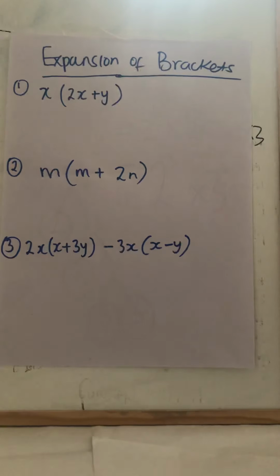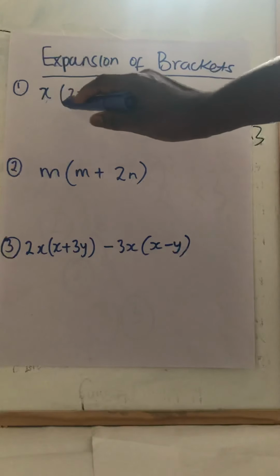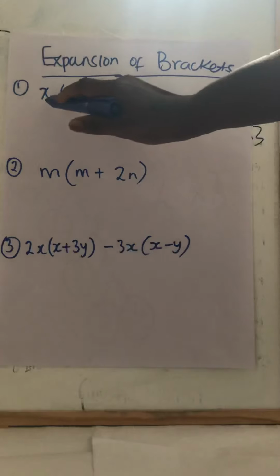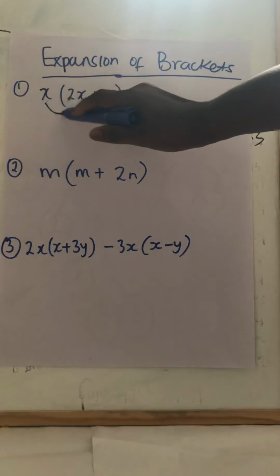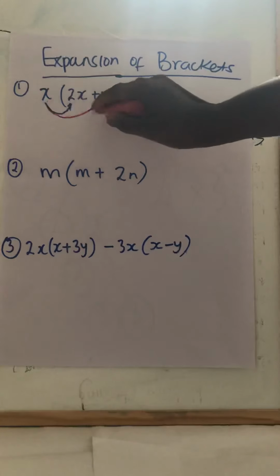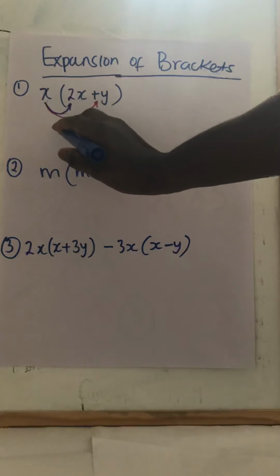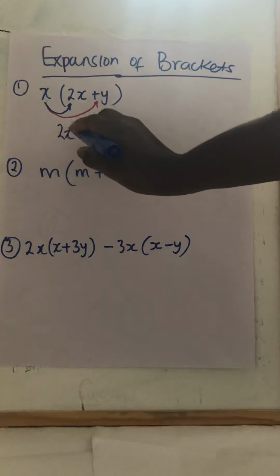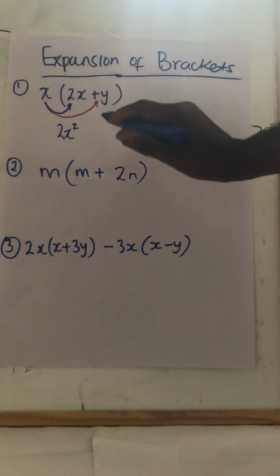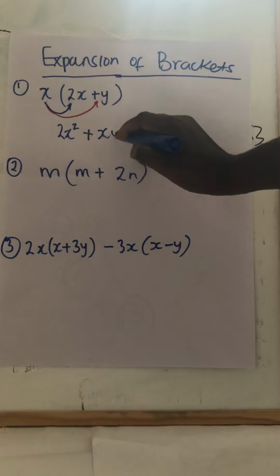What we have to do is multiply the one outside, which is x, with 2x plus y, such that I'm going to multiply x by 2x first, and then I will multiply x by plus y next. x multiplied by 2x will give me 2x squared, and x multiplied by plus y will give me plus xy.